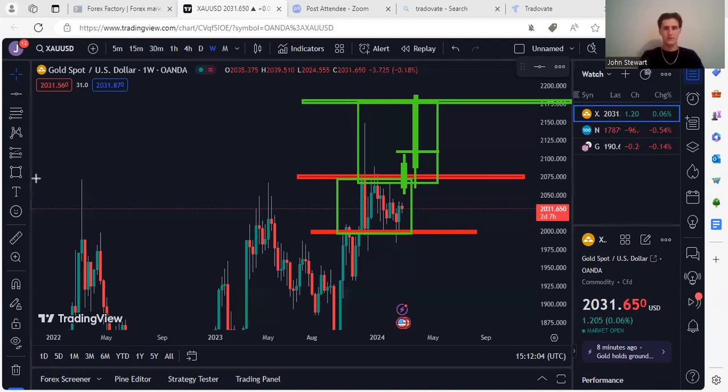Now the second setup is, say you get a candle that maybe breaks the highs, maybe it doesn't, but it respects the level and closes above it, looking something like this.